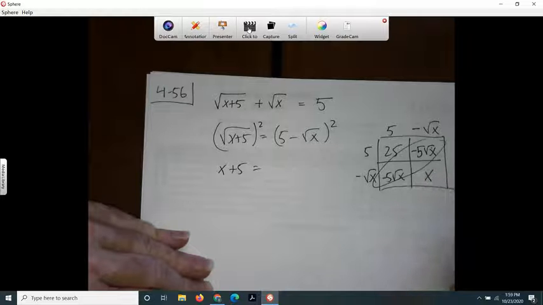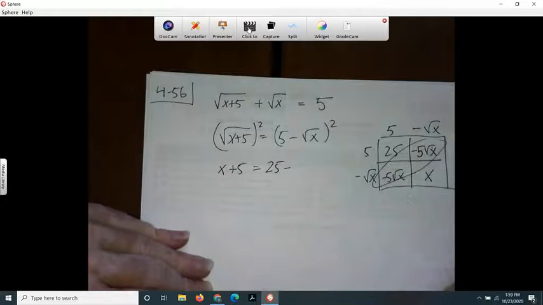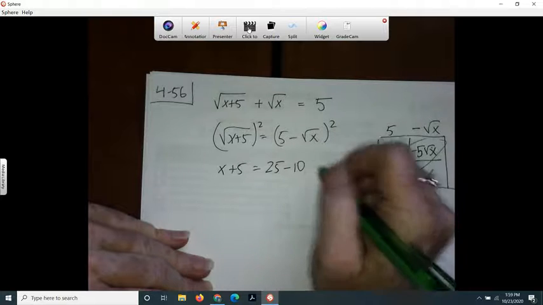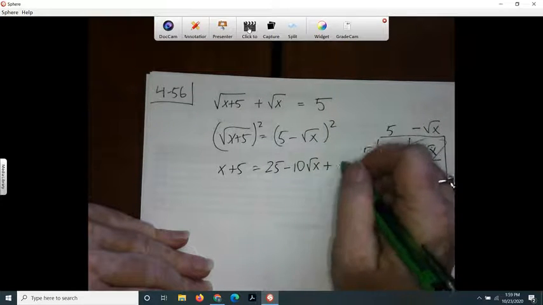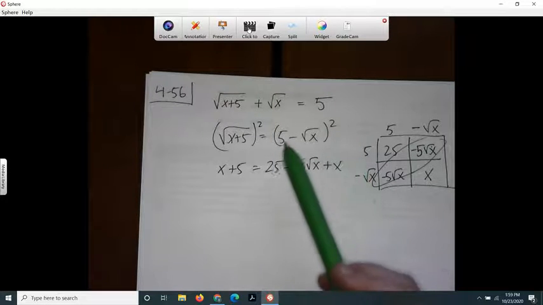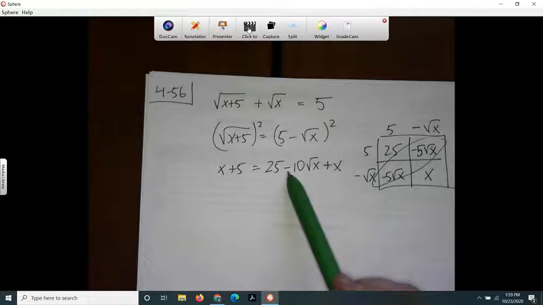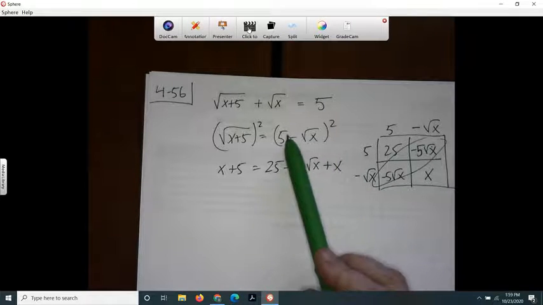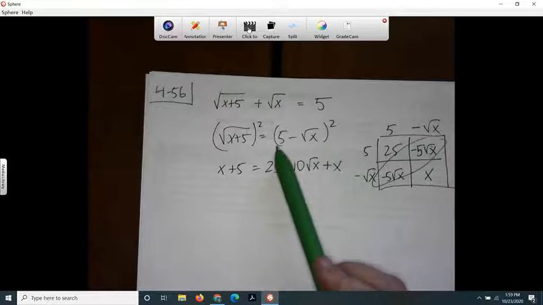So this is going to end up being 25 minus 10 root x plus x. I know, it'd be easier if it worked the other way. It'd be easier if you could just square the 5 and get 25, square this and get x, but you're always going to get that middle term too, which is the first thing times the second thing times 2. Okay, so that's a pattern.